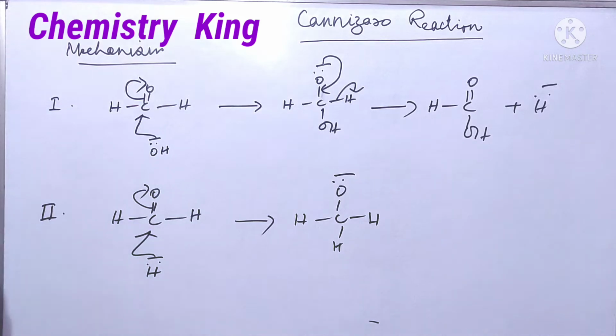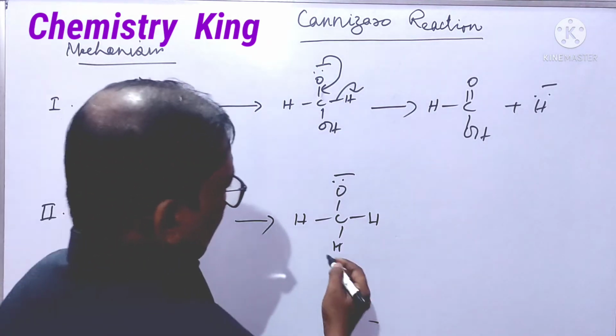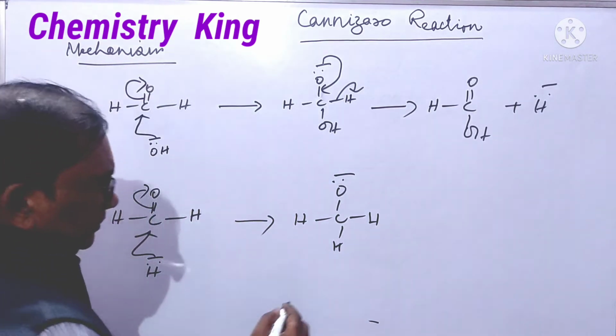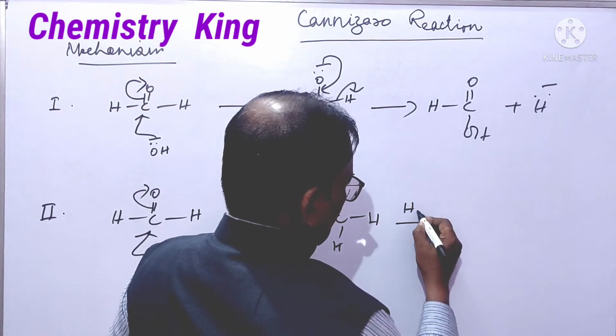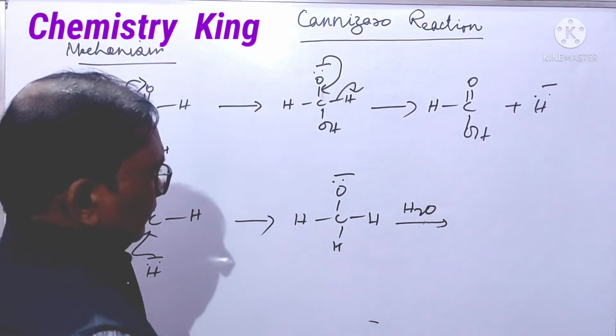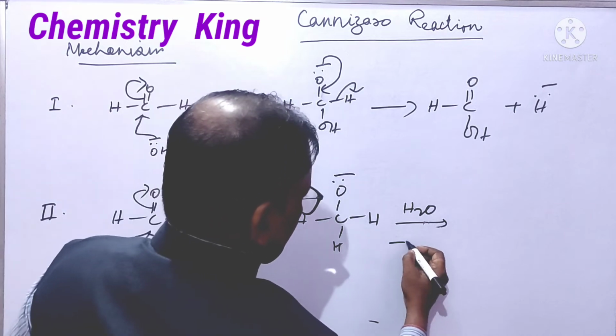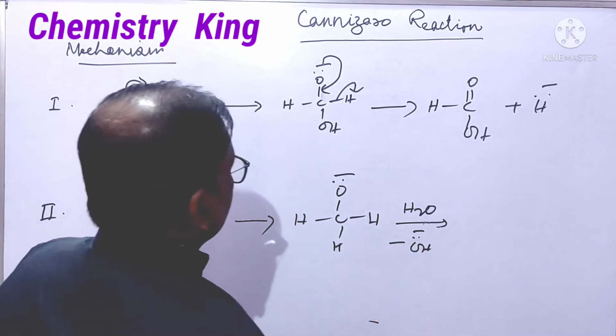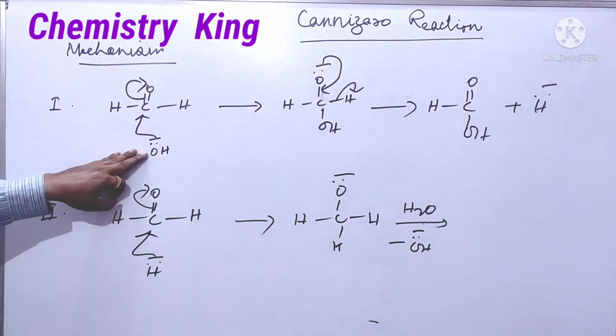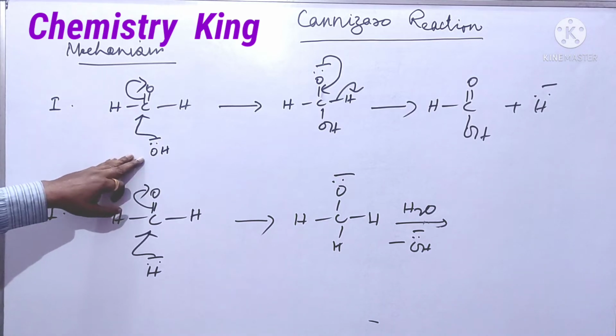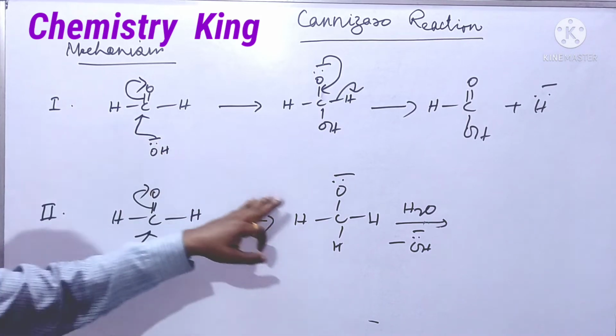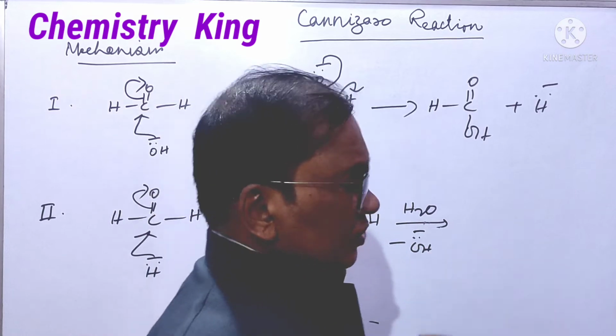Okay? Now it is already reduced by the hydride ion. So water is here, it will give H plus, and OH minus is released. OH minus is consumed here, and that OH minus is released again.